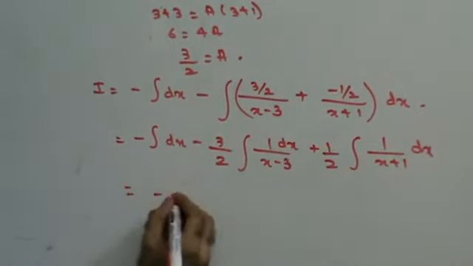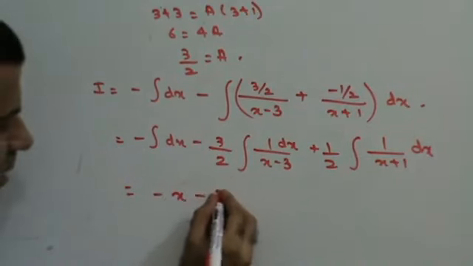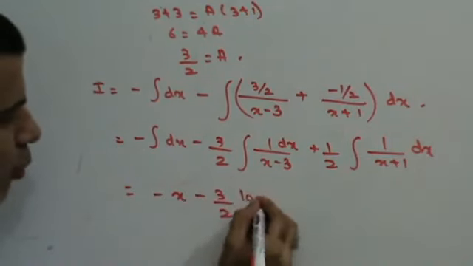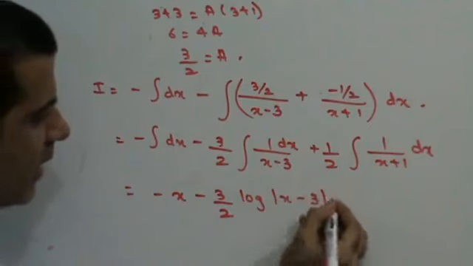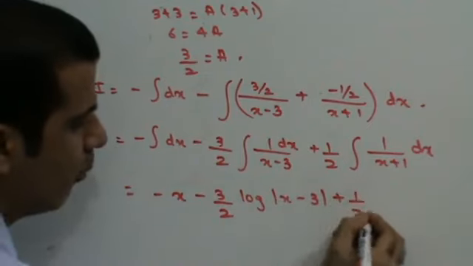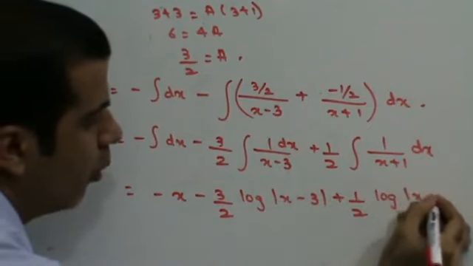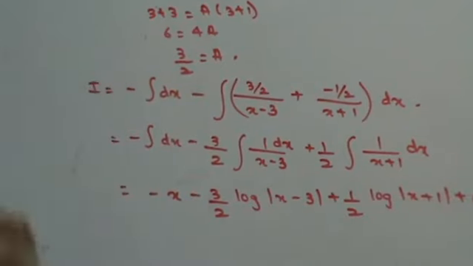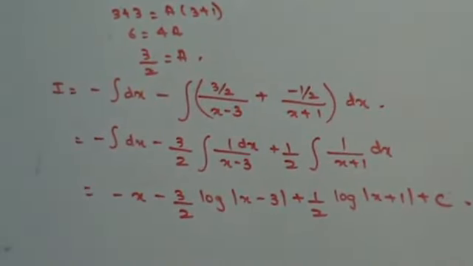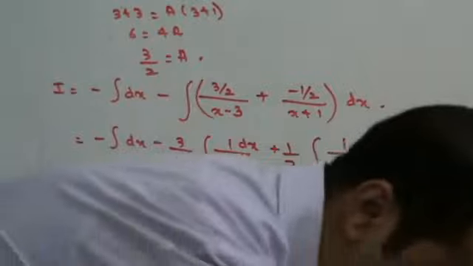Right? Minus integral of dx is x, minus 3 upon 2 log mod x minus 3, plus 1 upon 2 log mod x plus 1, plus c. That will be your answer. Let's move on to the next one, guys.